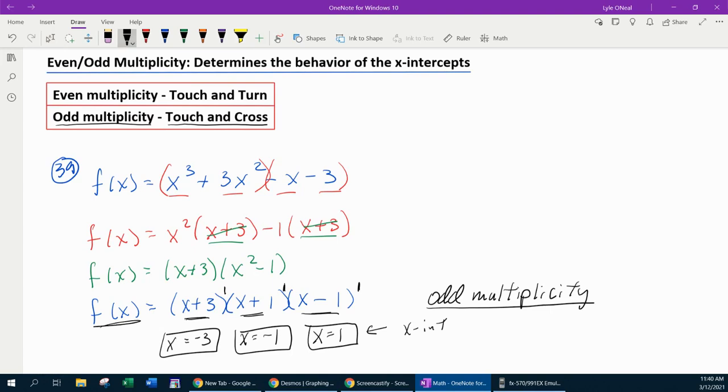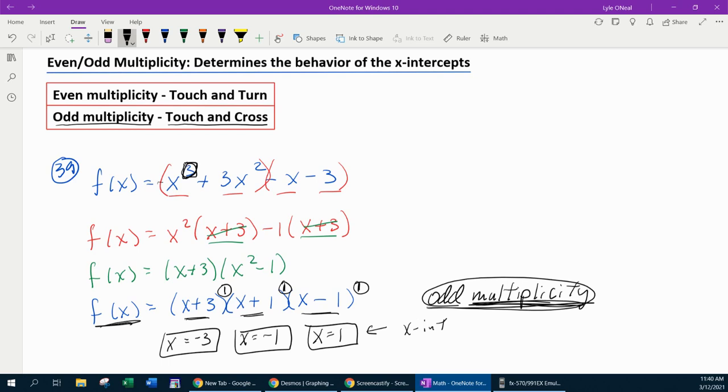All right, so one other thing I might mention before I move on. Once you factor your function and you come up with your multiplicities, it's nice to notice that the exponents on your factors, if they don't add up to make the degree, you made a mistake. So if you add all your multiplicities, it should equal the degree of your polynomial.